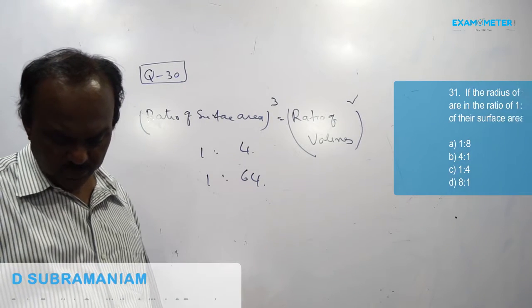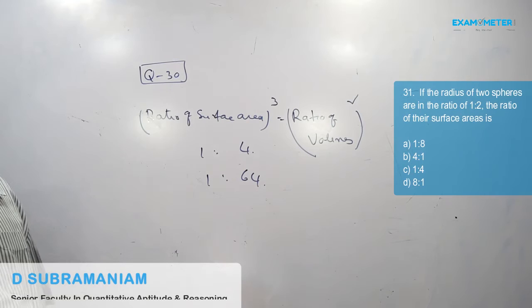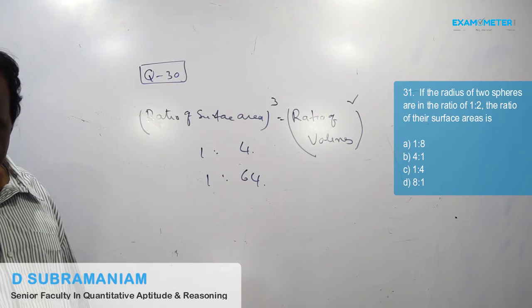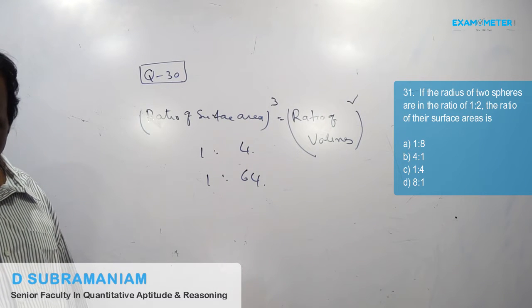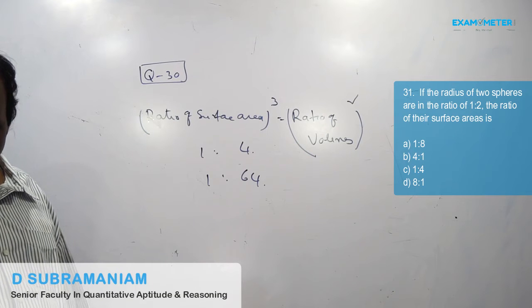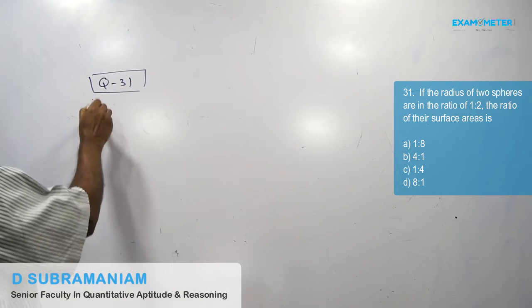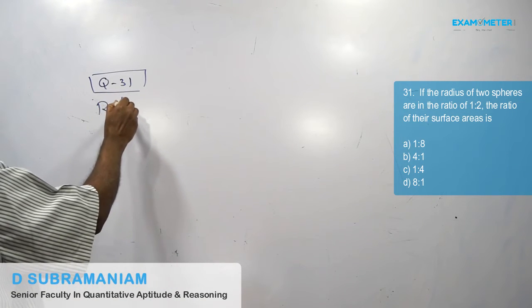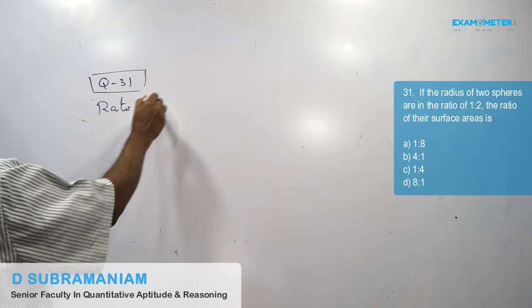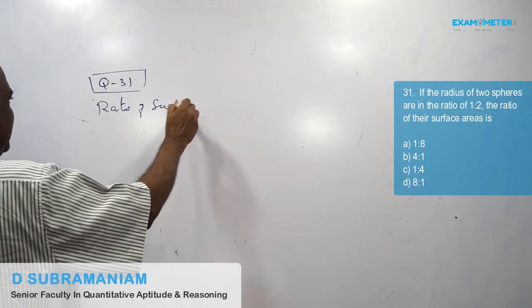Question number 31. If the radii of two spheres are in the ratio of 1:2, the ratio of their surface areas is?